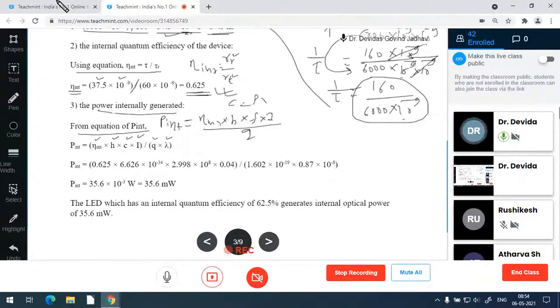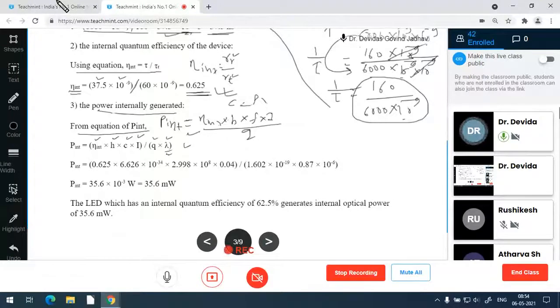F is not known, but lambda is given. So out of these two formulas, we use the P internal formula that has lambda in it: P internal is eta internal H C I divided by Q into lambda.